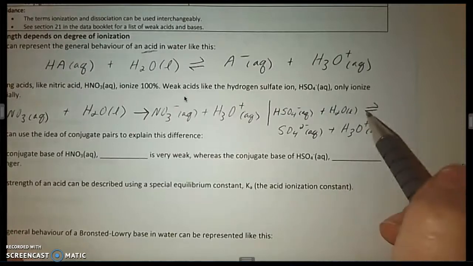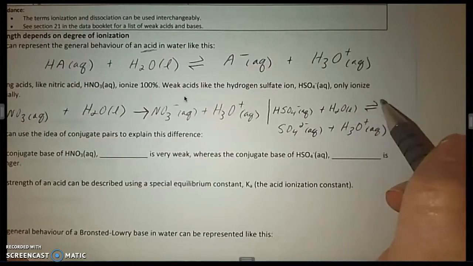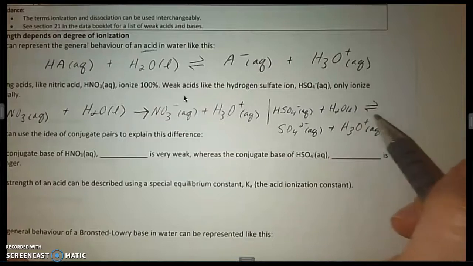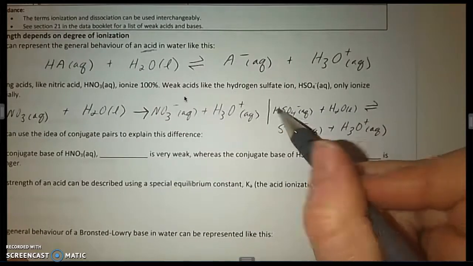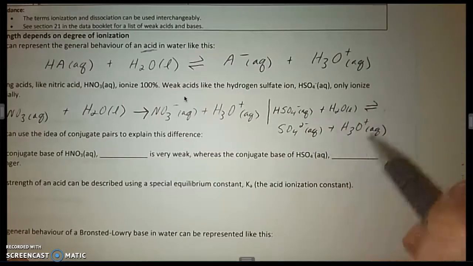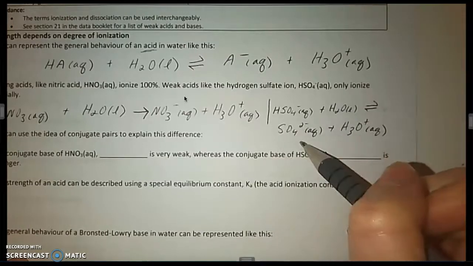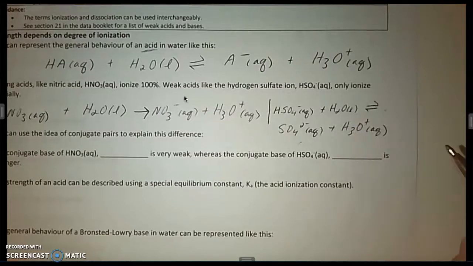And note here, because this is a weak acid, I do want to make use of my equilibrium arrow because this reaction goes in both directions. The forwards reaction, where our acid donates a proton, proceeds, but at the same time we have the reverse reaction happening, where the sulfate ion acts as a base and takes protons back from hydronium.